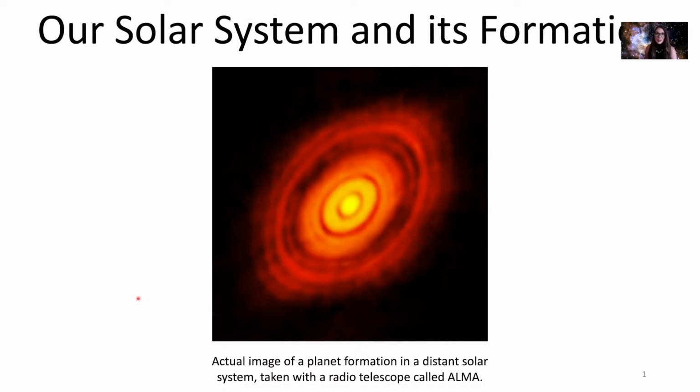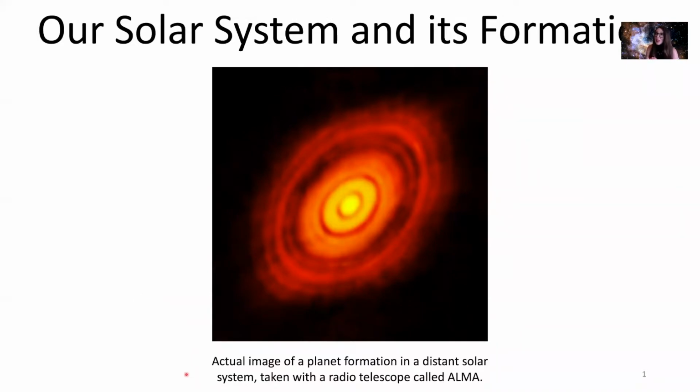Now, before we get started on solar system formation, I want to show you a really cool image. It is a real image taken of a distant solar system, and this solar system is in its stage of planet formation. And we can observe these with telescopes now.